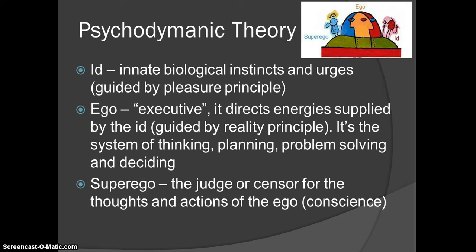The psychodynamic theory indicates that there are three major elements to our personality. The id, which is the innate biological instinct and urges, and it's guided by the pleasure principle.